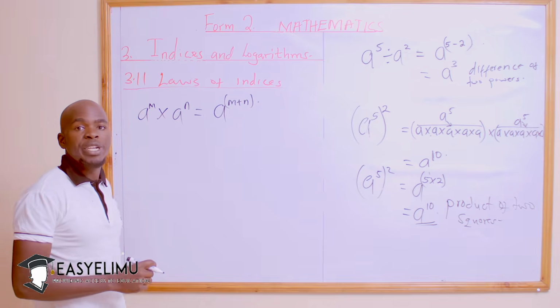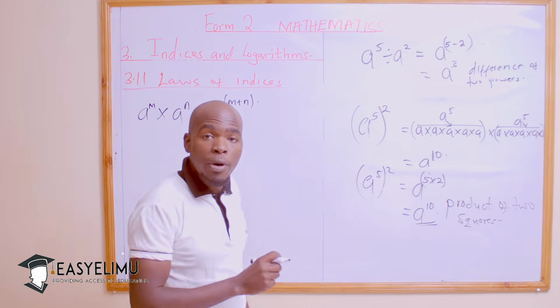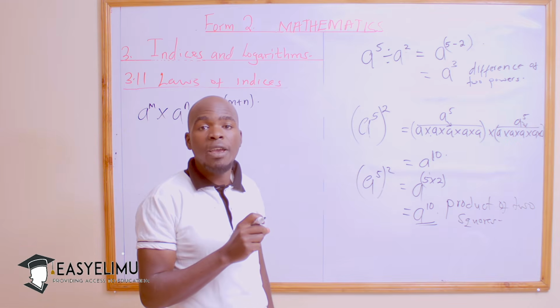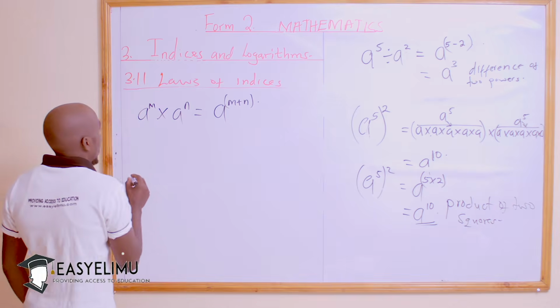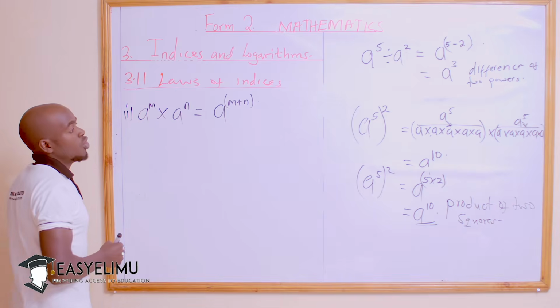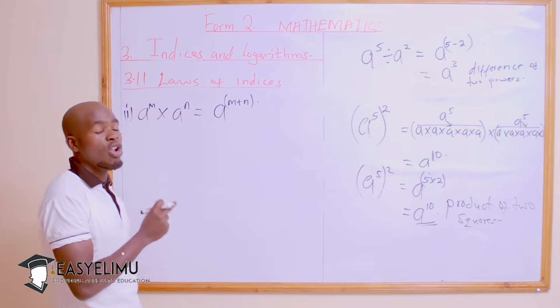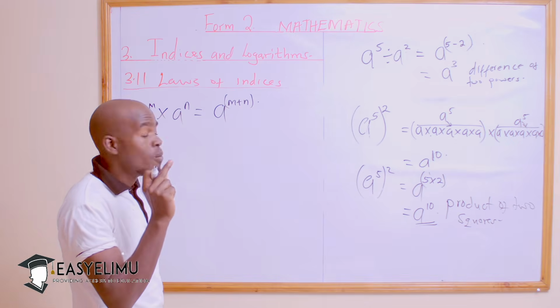That is what we obtained when we worked the first example using a as the base and the powers 5 and 2. This is the first law of indices, and we have said this is the law of the sum of two powers.